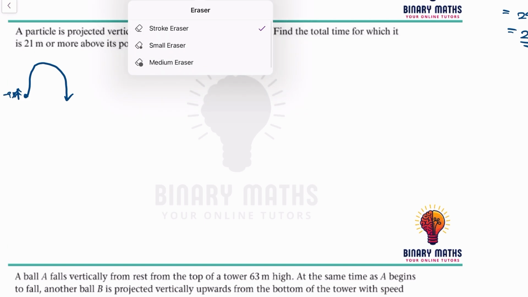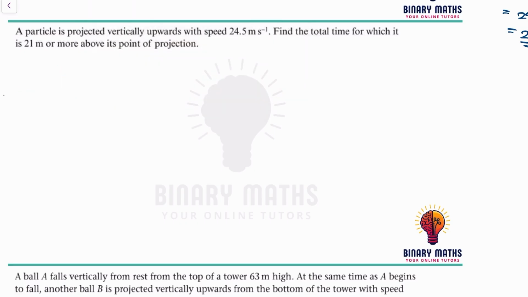Let's redraw this. Okay, so traveling up is positive up. Acceleration is minus 9.8. Initial speed is 24.5.